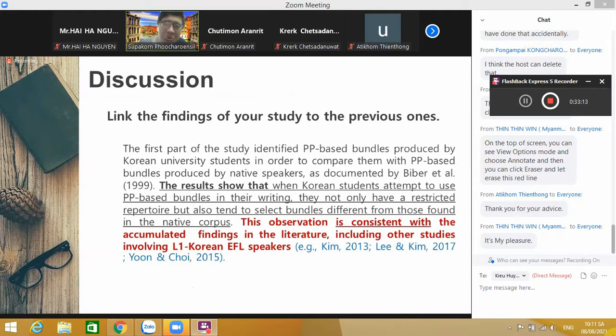So make sure that when you discuss the findings, the studies that you mention for comparison should be mentioned earlier in the literature review. I don't say chapter 2, but the literature review that you have presented earlier. Otherwise, it's going to be something like post hoc analysis, right? So this is very important.